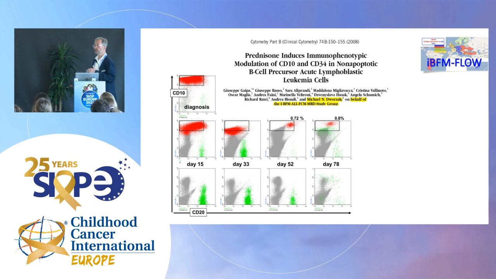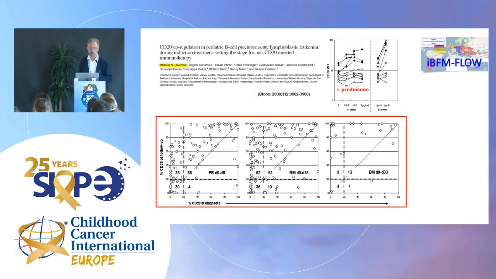So there is a shift of, let's say, diminishing CD10 expression, increasing CD45, CD34 expression, increasing CD20. So the cells somehow do things which you wouldn't have thought they would be doing. We have to adapt our MRD assay to that, but they also do it on a more or less regular basis, so we can really know what's going to happen.